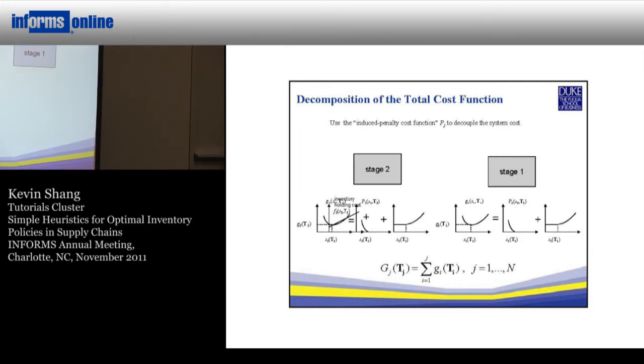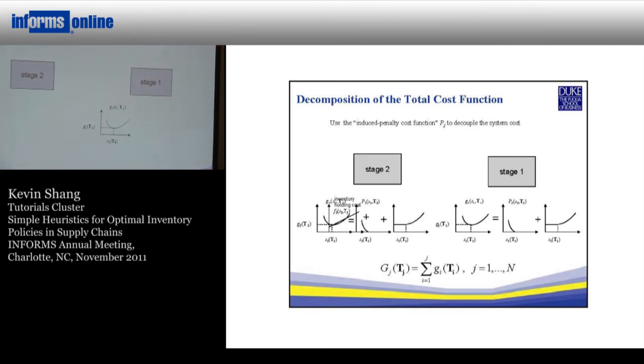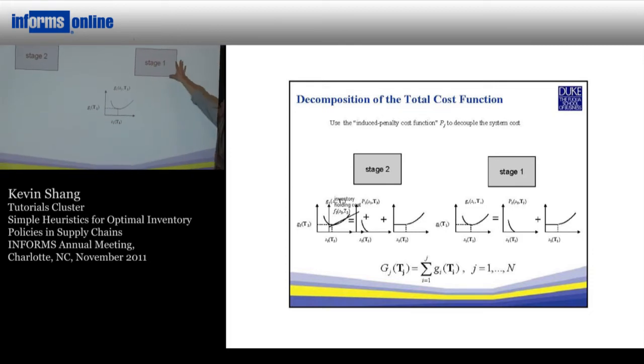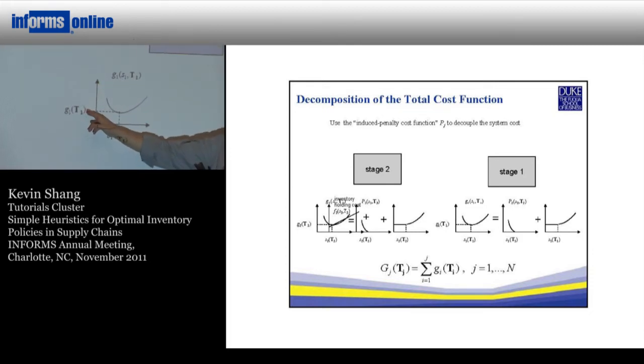Here's the idea. I'm using two stages as an example. This is the stage 1 cost function, G1. This is the function by itself, and here is the convex function, and I know that if you give me T1, I know the best base stock level. So I decouple this convex function into two pieces.